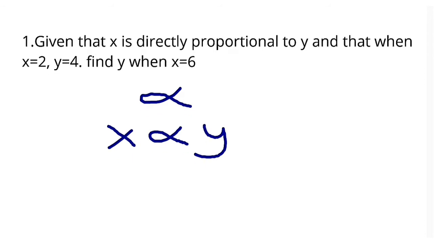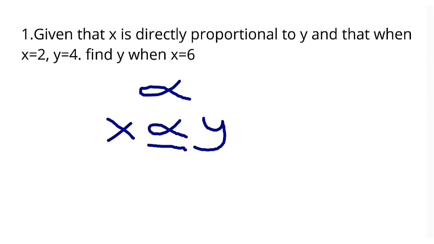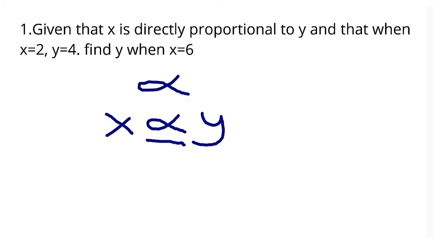And after writing that, because it is a direct proportion, you replace this proportional sign with k, the constant, and the equal sign. The constant k indicates how much x is directly related to y. So let us introduce that k. We shall have x equals k multiplied by y.